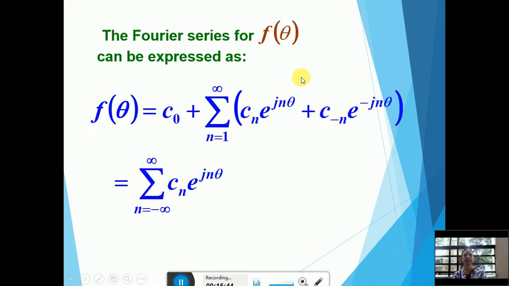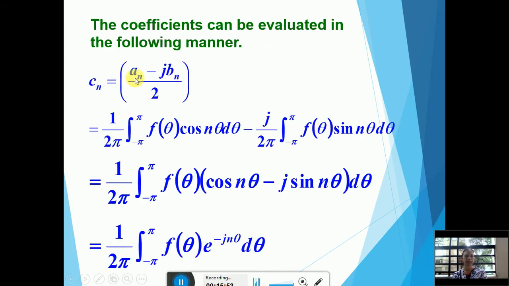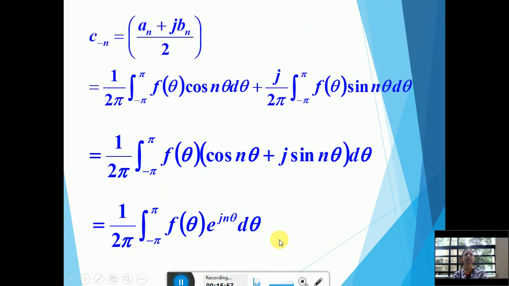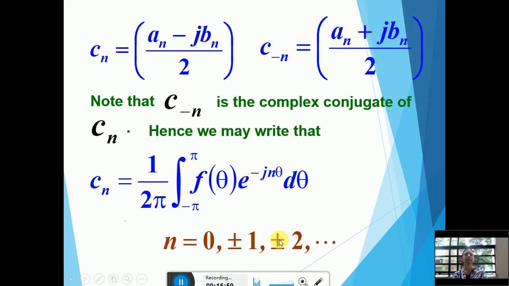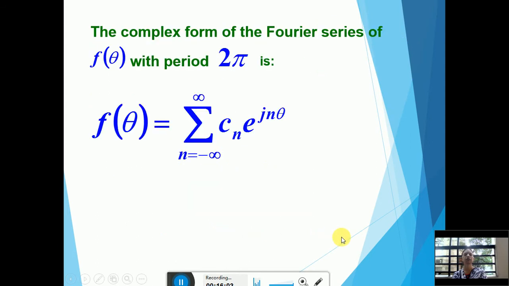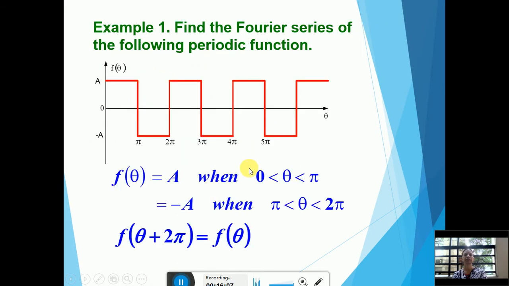We get a relation like this, and the Fourier series can be expressed in terms of this. Cn and C minus n are called complex conjugates. The values can be evaluated like this, where n is equal to 0, plus or minus 1, plus or minus 2, and so on. The complex form of the Fourier series is given by this.